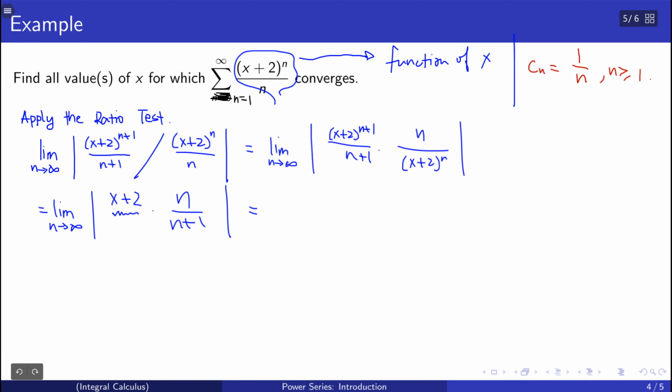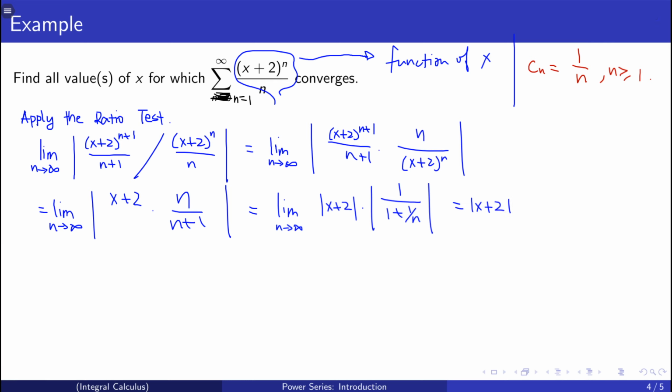Note that x + 2 doesn't depend on n. So what about this term, n over n + 1? Well, that just approaches 1. In fact, I can write it like this: divide the top and the bottom by n. And this gives me just the absolute value of x + 2.